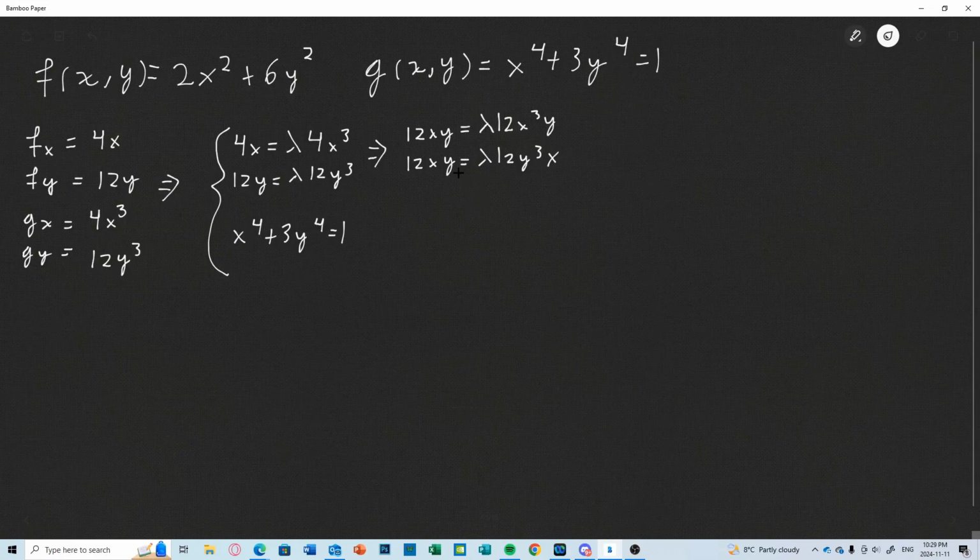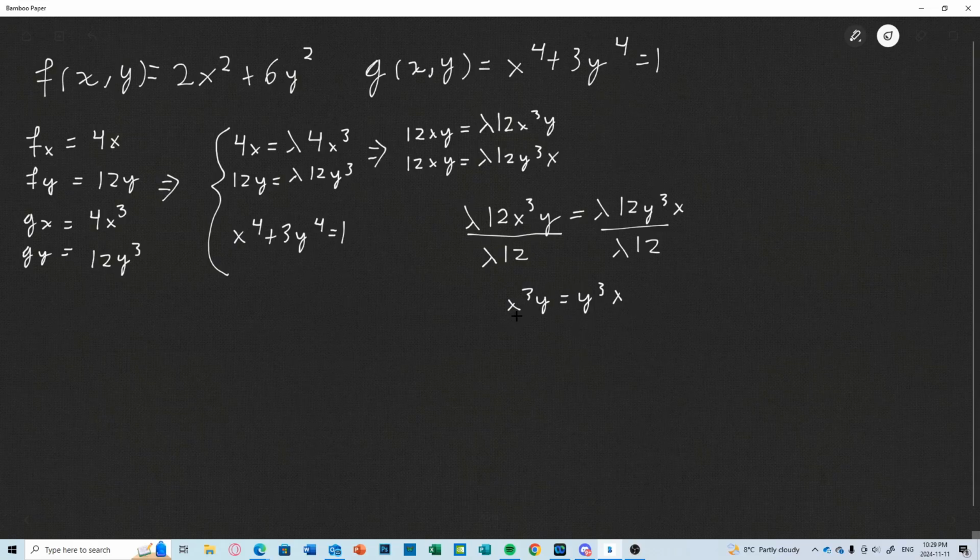Now since our left side is the exact same, we can set the right side of the equation equal to each other. So this will be lambda 12x cubed y is equal to lambda 12y cubed x. If we divide both sides by lambda and 12, this will just give us x cubed y is equal to y cubed x.